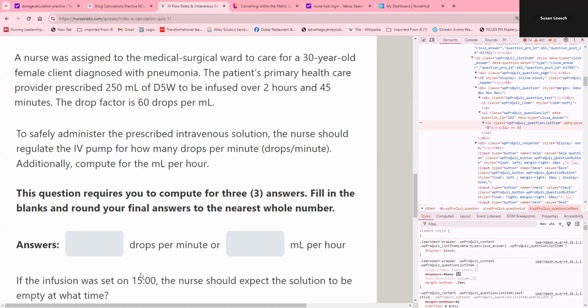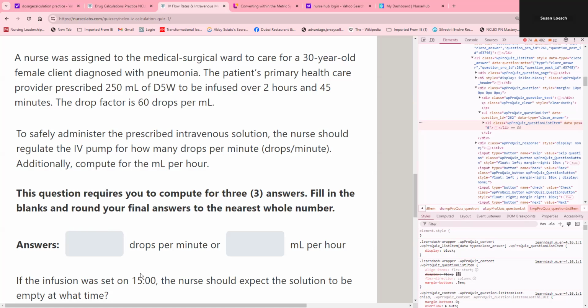So you have to take your 2 hours and convert that into minutes and add that to the 45. We're going to do all that on the whiteboard. And then you need your drop factor because it's times the drop factor, and your drop factor is 60 GTT per ml. So those are the components that you need out of this question in order to answer this.